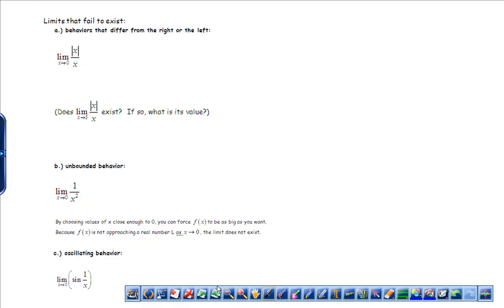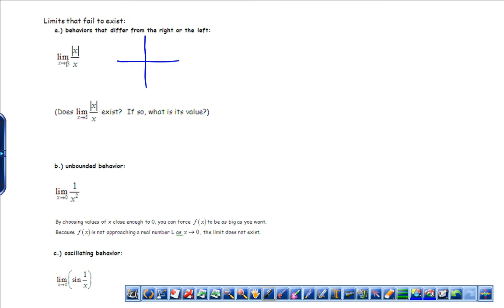Limits that fail to exist: behavior that differs from the right and from the left. If I say the limit as x approaches 0, the reason I keep saying from the right and from the left is we have to do both sides. So let me just sketch a graph here.